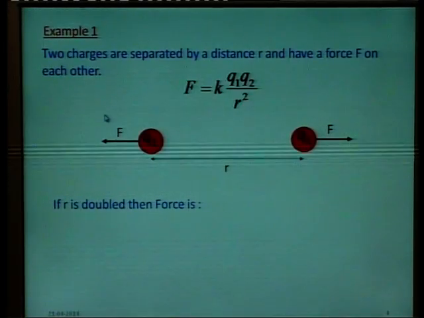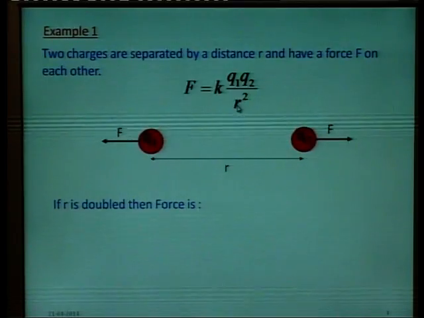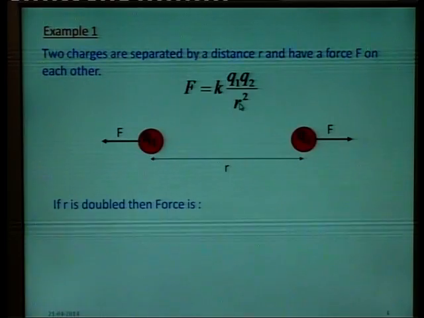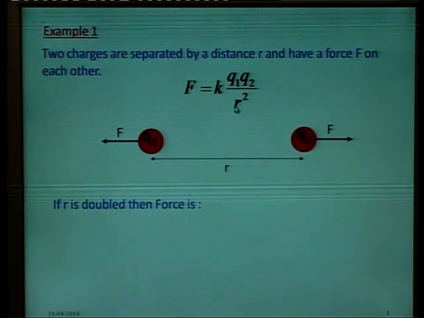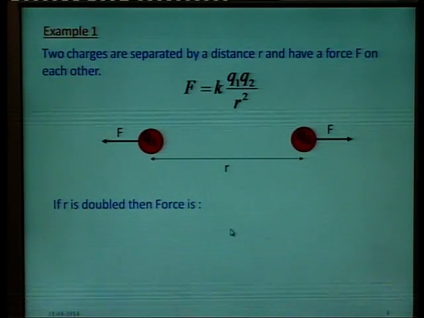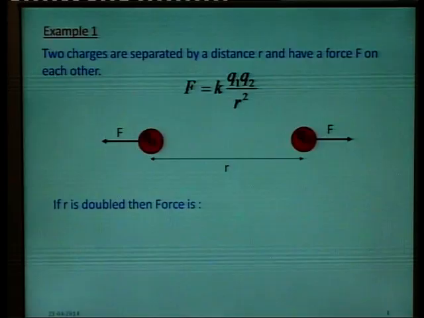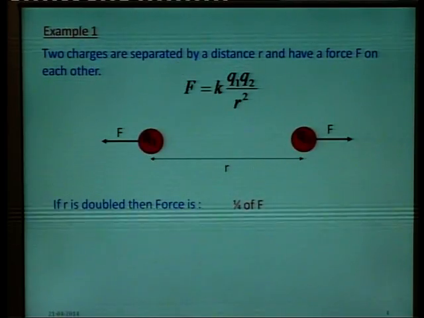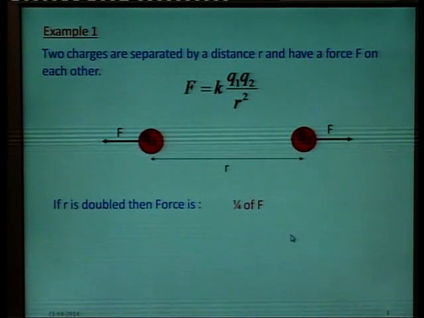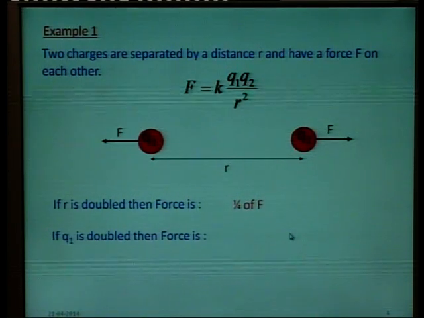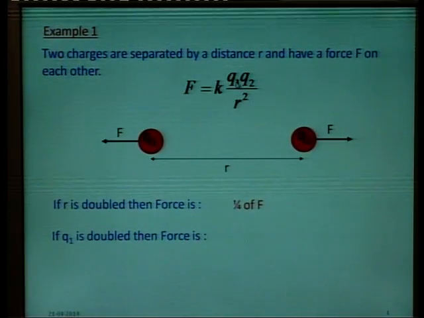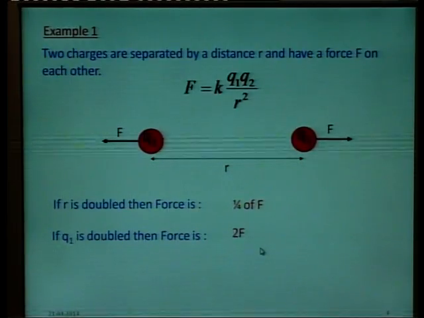Now, if you double the distance between the two charges, that is if R is doubled, the denominator becomes 2R, 2R the whole square becomes 4R square. This means in the denominator you get a factor of 4. So, your force becomes 1/4 of the force that was present initially. If Q1 is doubled, or any one charge is doubled, then the force will double.